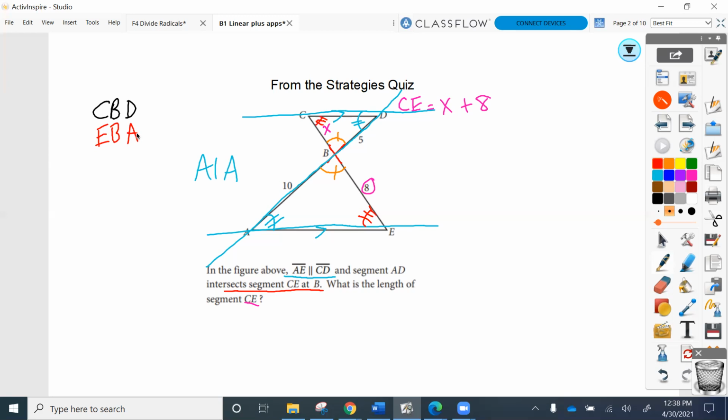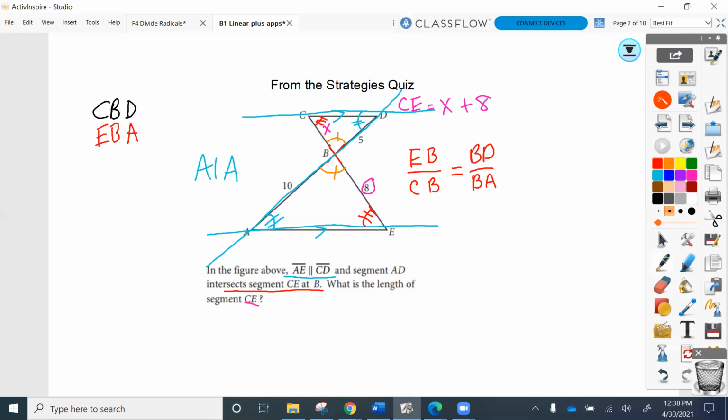So we're doing BE. So that's the same as EB, right? So we're saying that EB is to CB as, let's say, BD is to BA. And I'm just looking at the order of those letters.